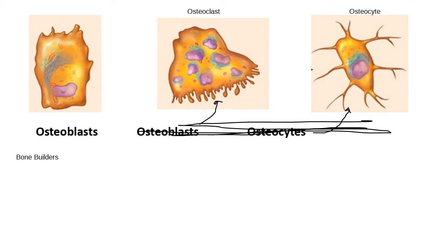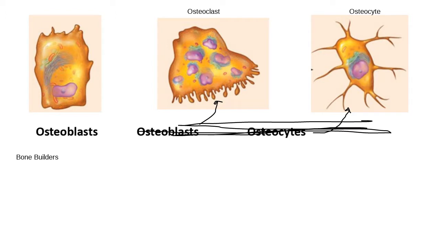My bone builders, specifically the way that they work to build bone tissue, is they build the protein that we said acted kind of like rebar inside our bones. What was the name of the protein that your bones have a lot of in their extracellular matrix? What's that protein called? Osteoblasts build collagen. Absolutely.